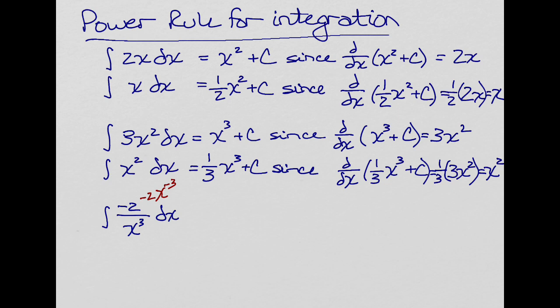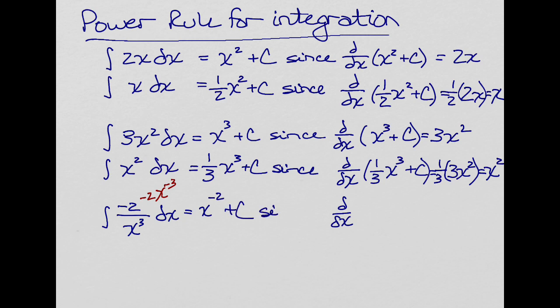If the derivative is x to the negative 3, that means my original function had something to do with x to the negative 2. Oh, x to the negative 2, 1 over x squared, but of course plus a constant.